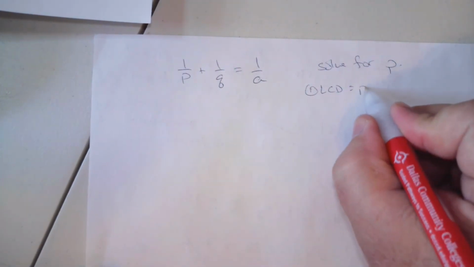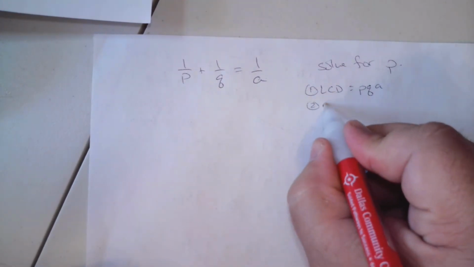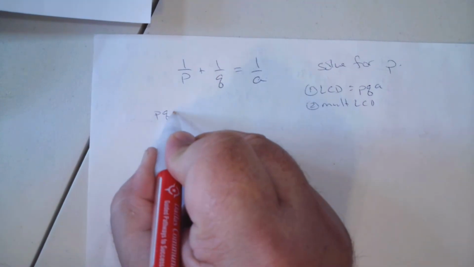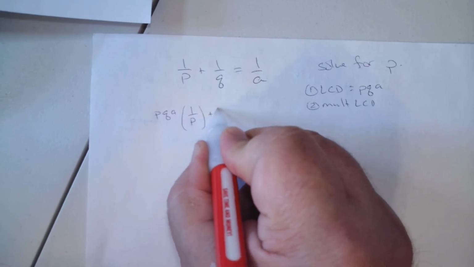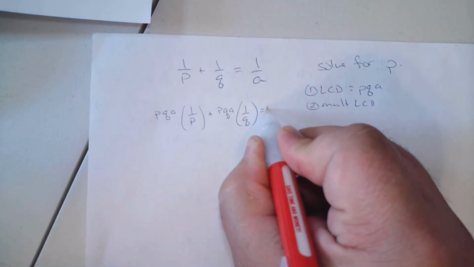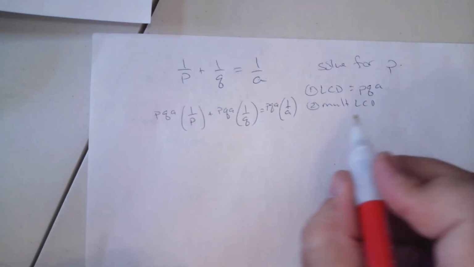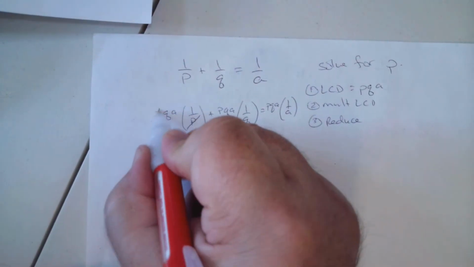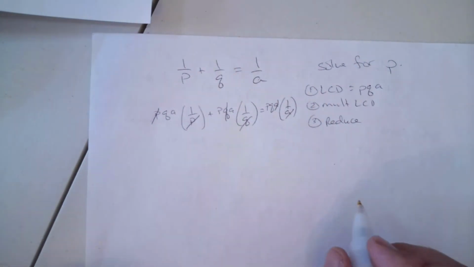In this case, the LCD is P times Q times A. Multiply the LCD, so it's PQA times 1 over P, PQA times 1 over Q, PQA times 1 over A. Reduce. Here the P cancels, the Q cancels, the A cancels.